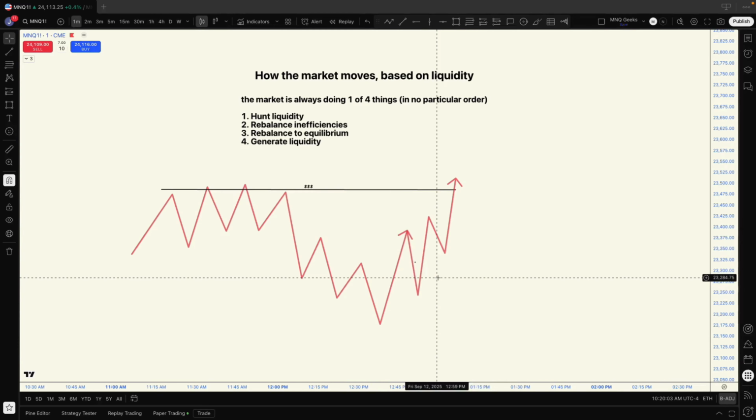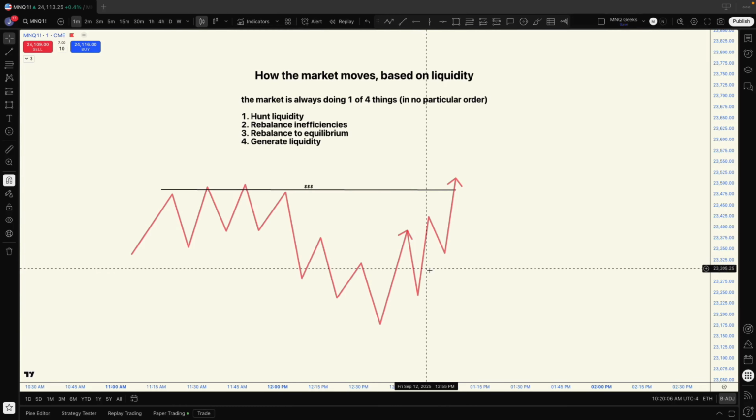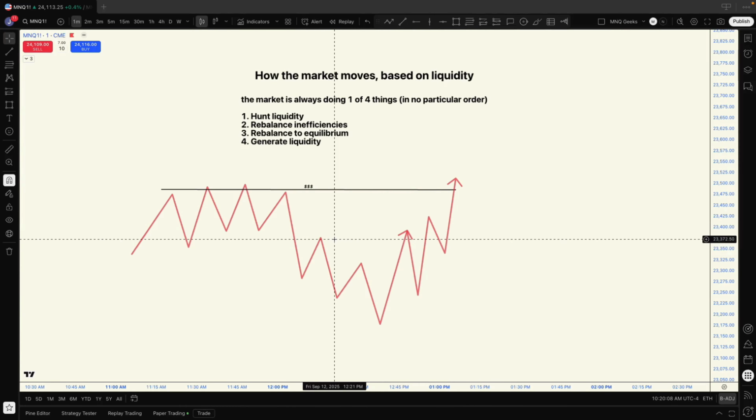And then last but not least, price is generating liquidity. So what do I mean by that? This is basic order flow. This is basic engineered liquidity. And I'm also going to talk about that in one of my next points, literally right after this. So I'm not going to go too much in depth right now because we're going to talk about it in a few minutes. But ideally the market is generating and engineering liquidity whenever we make these highs and lows.